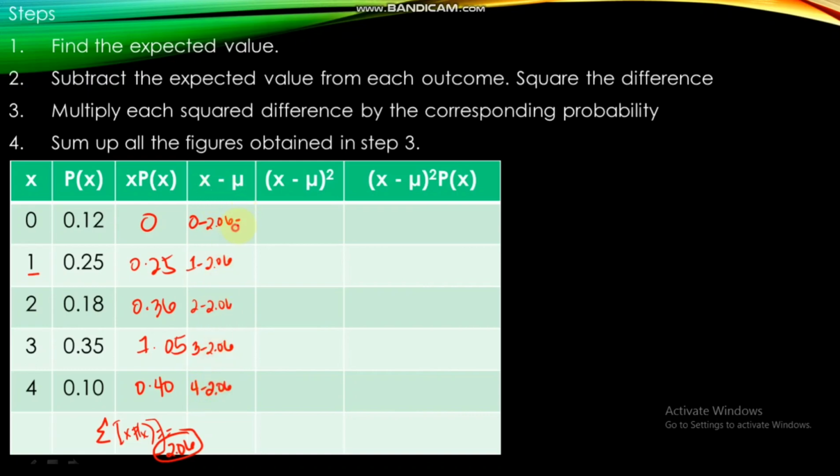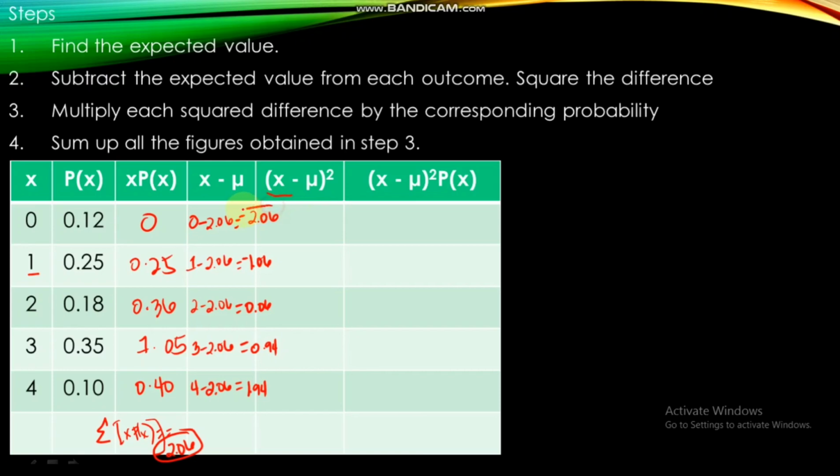That equals negative 2.06, negative 1.06, then 0.06, then 0.94, and 1.94.